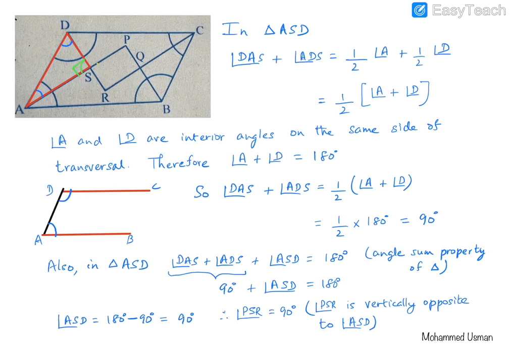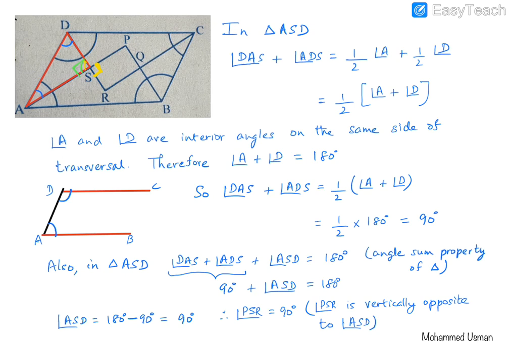So this angle here is the same as this angle here. So because ASD is 90 degrees, the angle PSR is also going to be 90 degrees. So we will have this as 90 degrees. So we mark this as a right angle. So we have shown that the angle PSR inside this quadrilateral PQRS is 90 degrees, because PSR is a vertically opposite angle to the angle ASD.